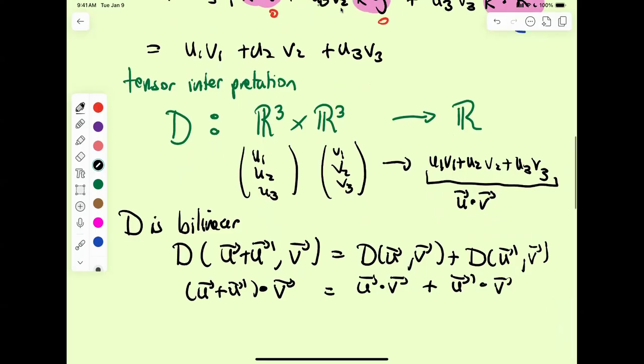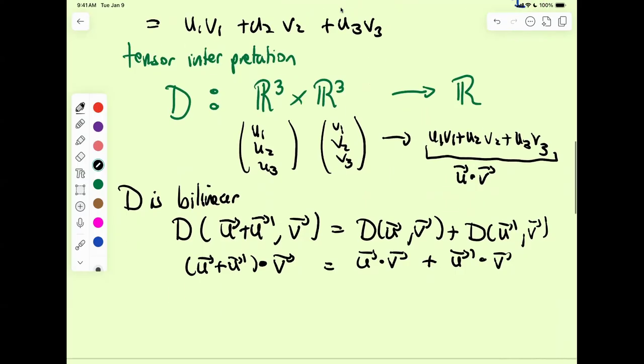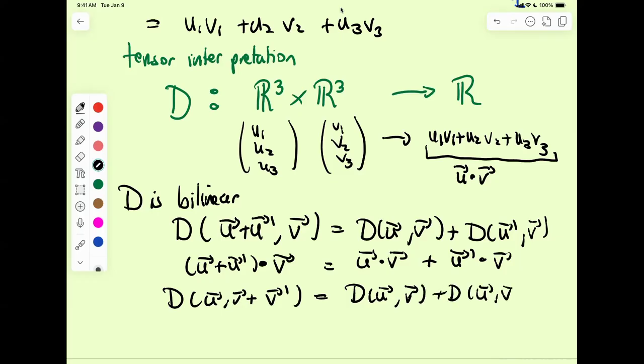It's just like the distributive property. And the same goes with the other entry: D of u, comma v plus v prime, is D of u, comma v plus D of u, comma v prime, which again is just the fact that u dot v plus v prime is u dot v plus u dot v prime.